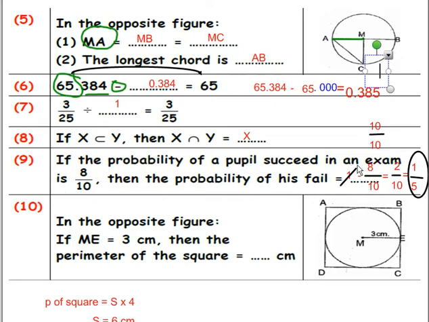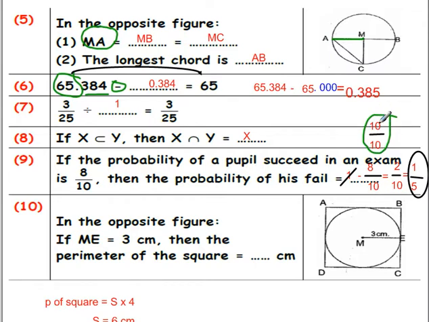The whole event is 1. 1 minus the fraction of the pupil succeeding, 8 over 10. And we know that 1 is a magic number, so I can cancel 1 and put 10 over 10.